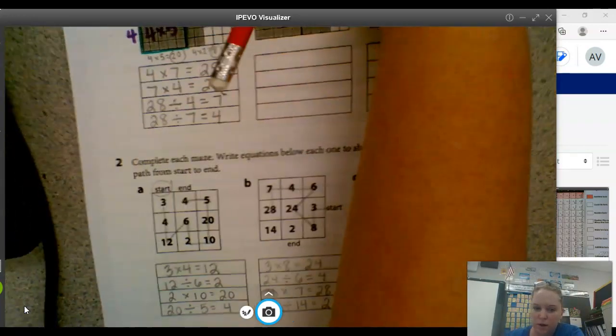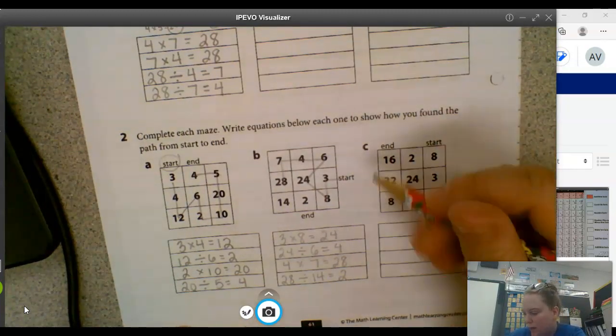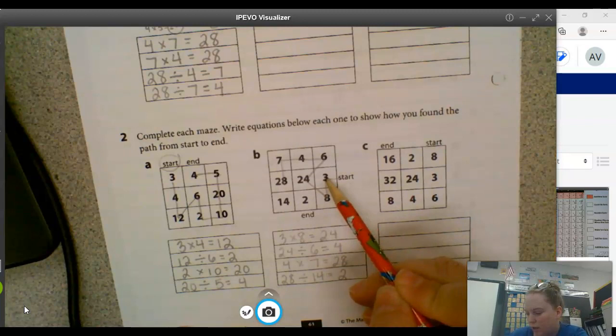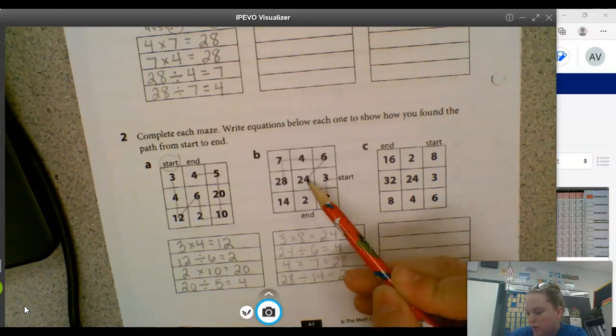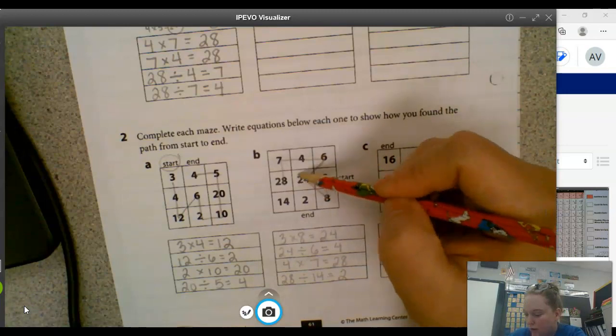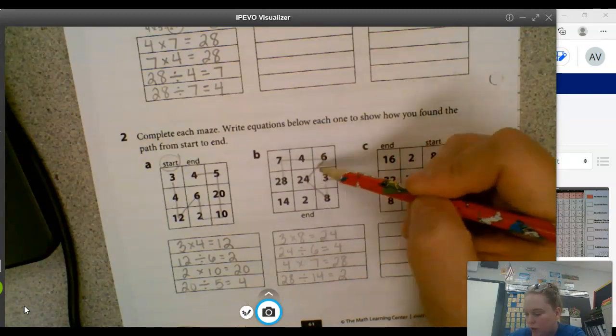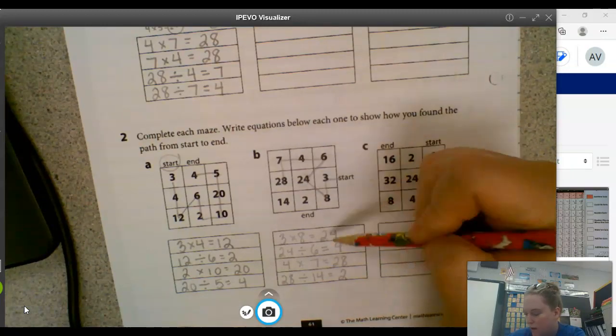Okay, so here I'm back with the next maze. If you were struggling, you can take a look at what I did here. We started at 3, and I multiplied by 8 to get to 24. 3 times 8 equals 24. And then I start again with the number I left off on. 24 divided by 6 gets you to 4. And I wrote that right down here.